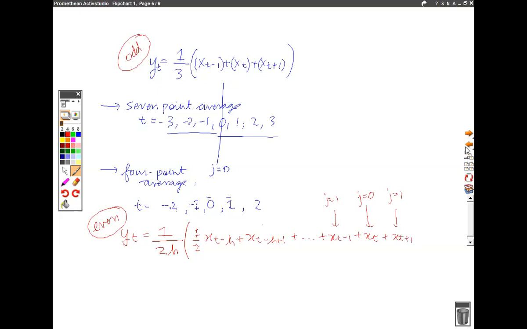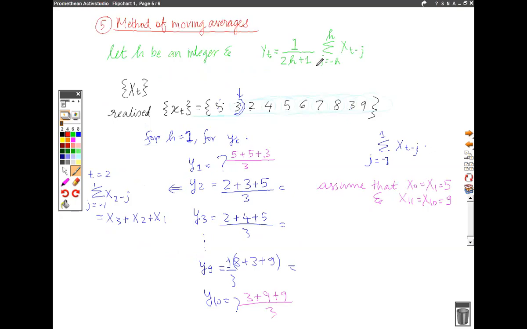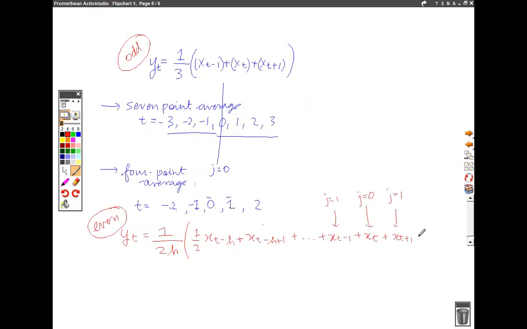Remember, when I say all of these values for j, I'm always summing my j from minus h to plus h. And now I will have this up until x_{t+h}, which will be divided by half. I should just write x_{t+h-1} for completeness' sake, and I'll just complete my bracket here.